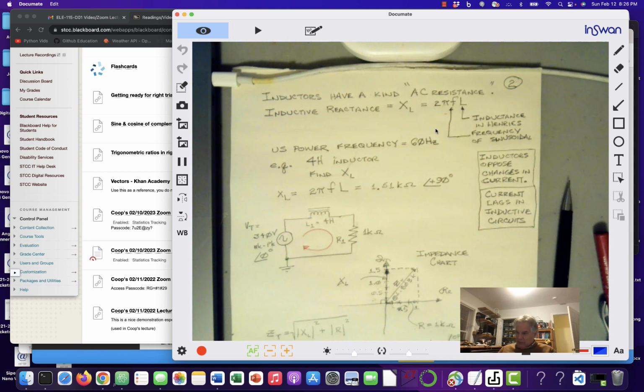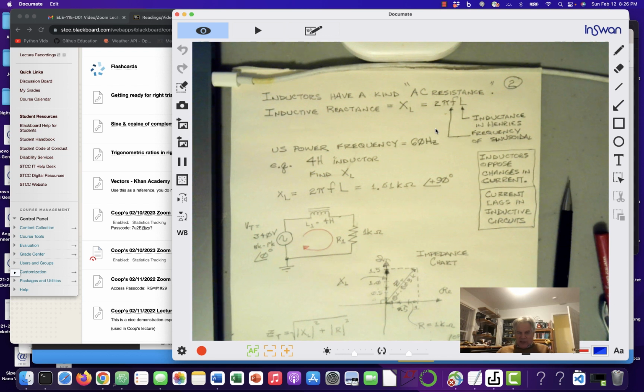And with my fooling around with a clip lead on the inductor, you could see some sparks coming, because as soon as I tried to break the circuit, that voltage on the inductor went super high, creating a big voltage difference across the air gap.